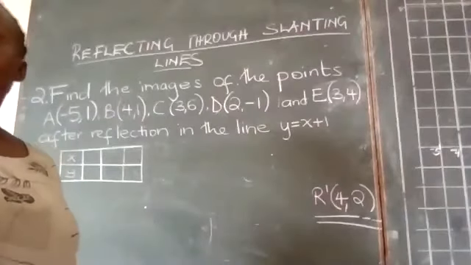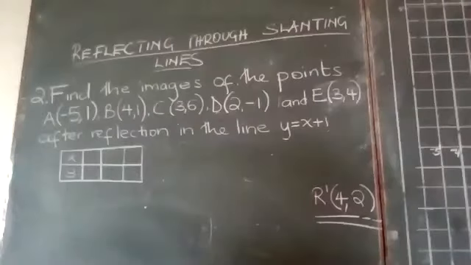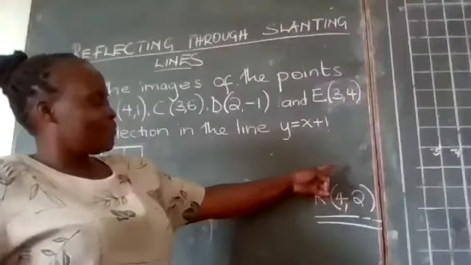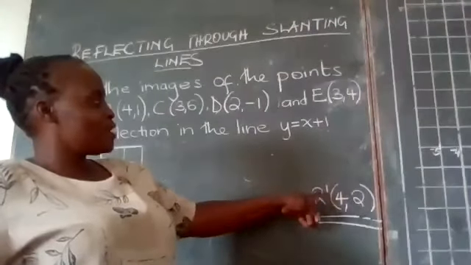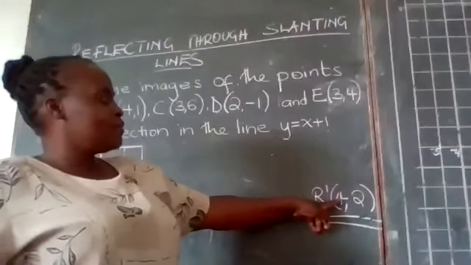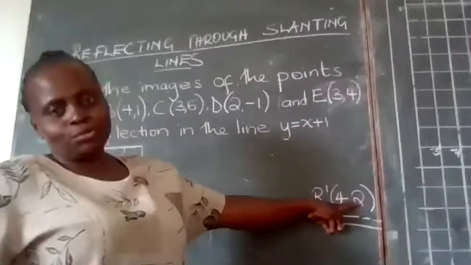Do the coordinates of the image have to be opposite to the ones of the object? That is because of the line we've used. It is not always the same. She's talking about 1, 2 becoming 2, 1. The object had 2, 4, but then the image has 4, 2.